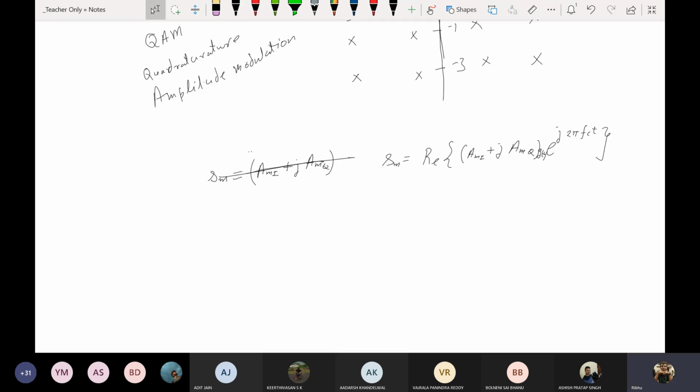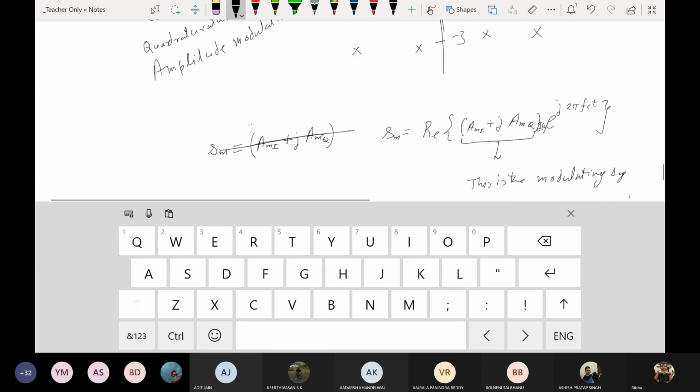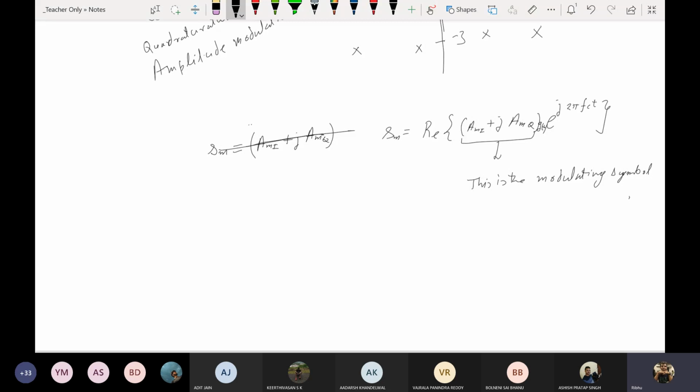This beast, right? There's a g(t) sitting in between there. Now the modulating symbol here is the complex symbol.